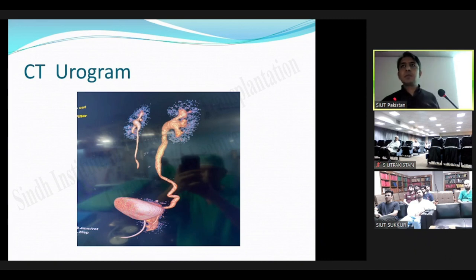This excretory image might be an early one, because we can see on the left side ureter there is hydronephrosis and hydroureter as well. So it's likely that there is a ligation injury at the distal left ureter, and on the right side we can see there is no hydronephrosis, and it's just still clearing the urine maybe. So one film is not enough.